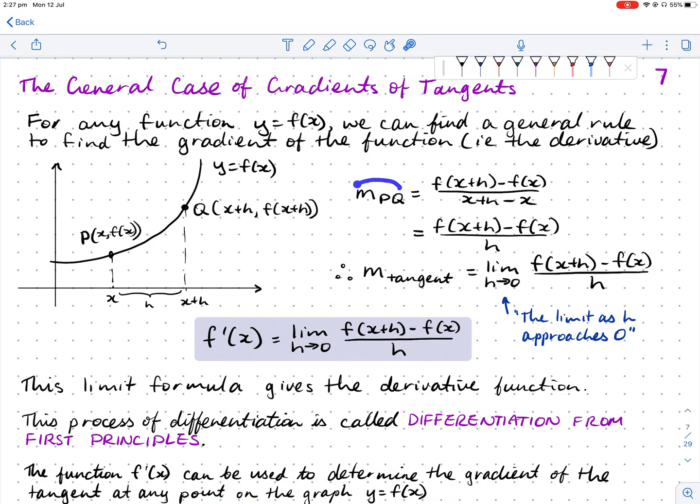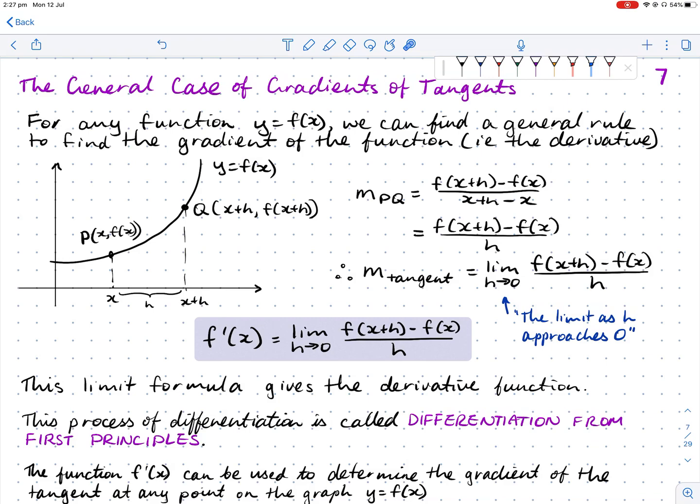So to work out the gradient of PQ, we're going to use y2 minus y1 over x2 minus x1. You can see in that formula that the x's will cancel, so the gradient is f of x plus h minus f(x) over just h.